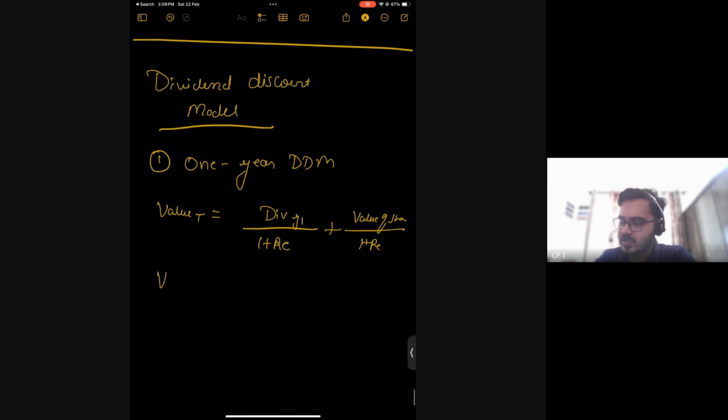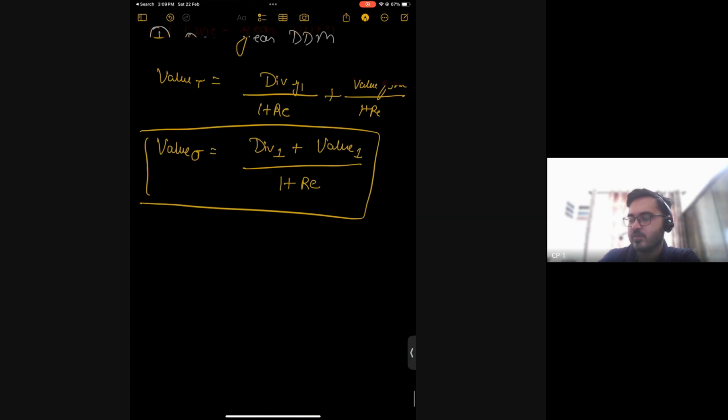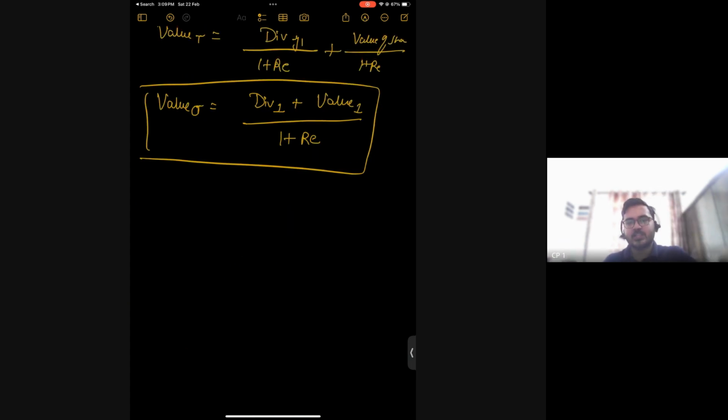Which is nothing but the value today is equal to the dividend that you will get at the end of the year plus the value that you will get at the end of the year. Let's keep it value 0 divided by 1 plus the required rate of return. Please note this down. This is an important formula. So value 0 is equal to dividend 1 plus value 1 divided by 1 plus the required rate of return.